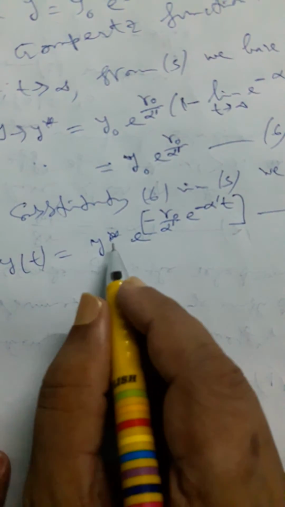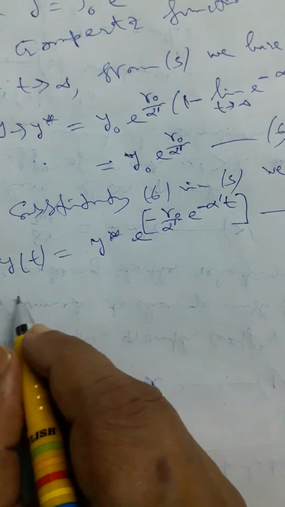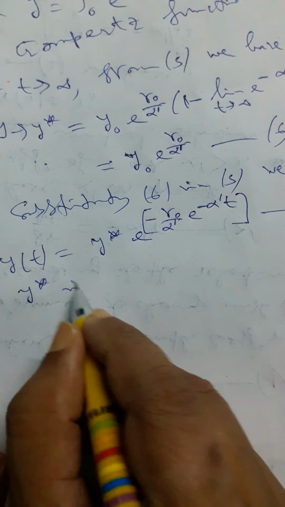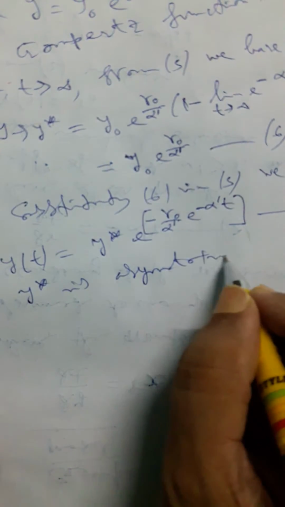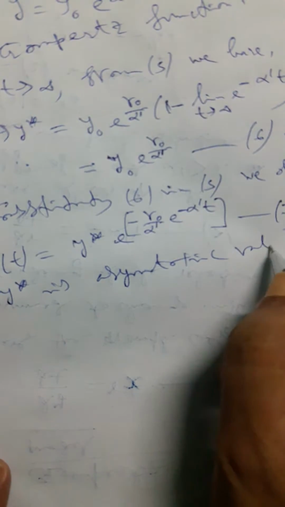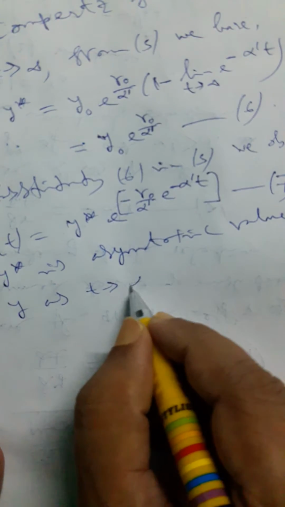So the quantity y star is the value of y when t becomes very large, so it is the asymptotic value of y, as t tends to infinity.